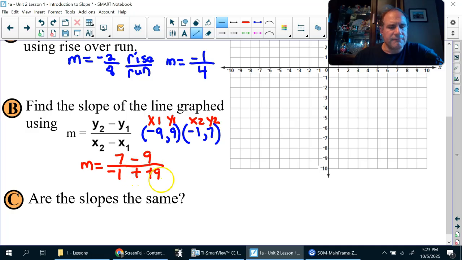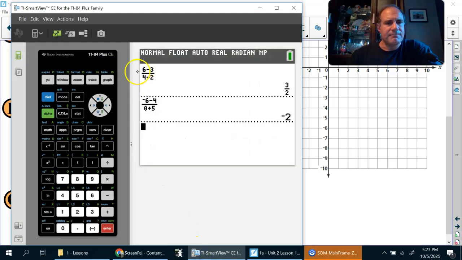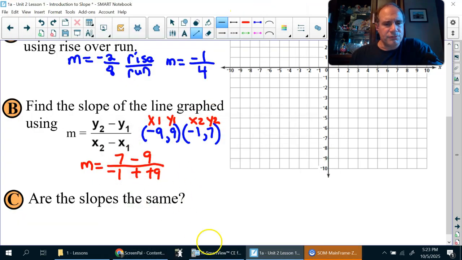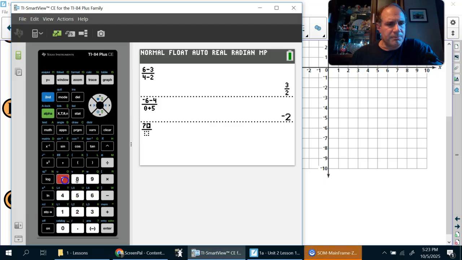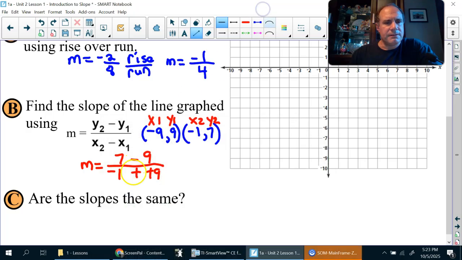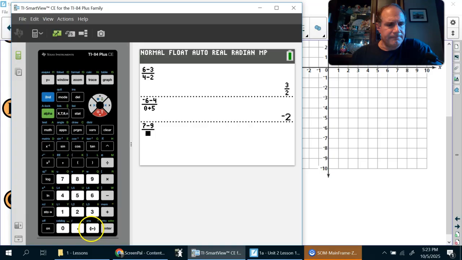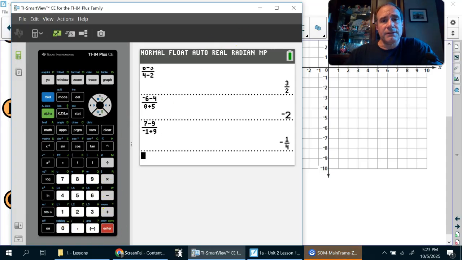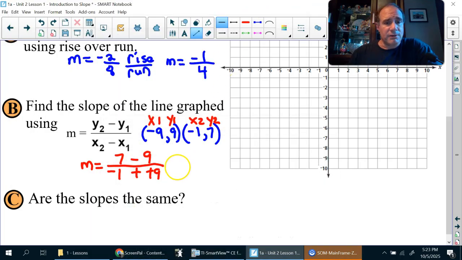See the double negative, just go ahead and put that as a positive. So on the top, as the numerator is 7 minus 9. And then on the bottom, the denominator is -1 plus 9. Let the calculator do the calculations for you. It is -1/4. And the slopes are the same.